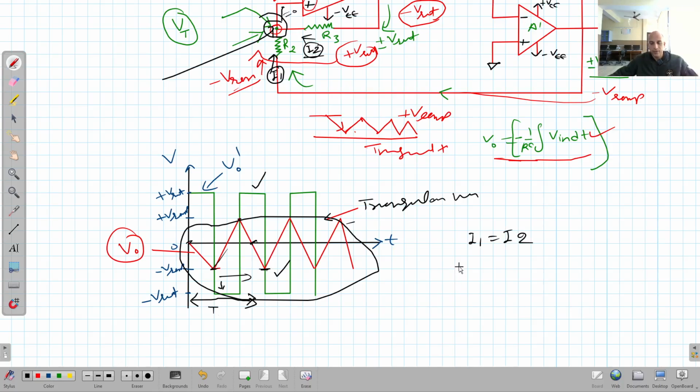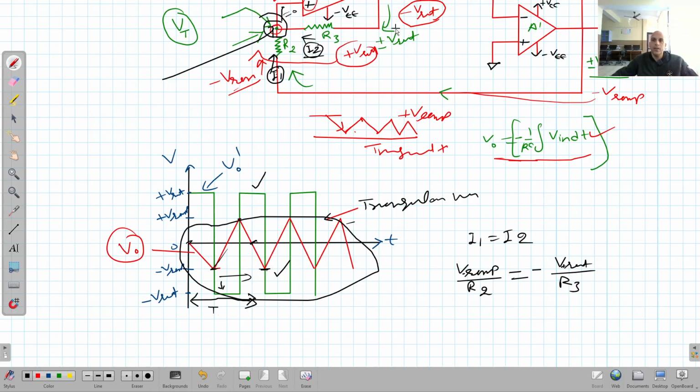So V ramp upon R2 must be equal to the negative of V saturation plus, divided by R3.